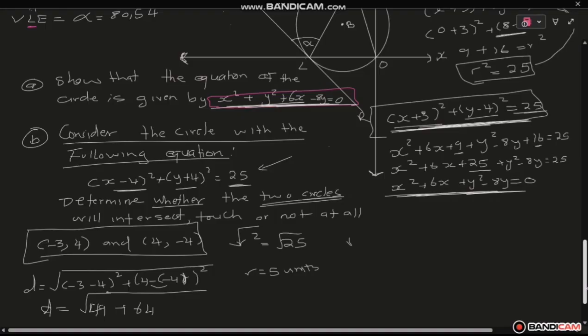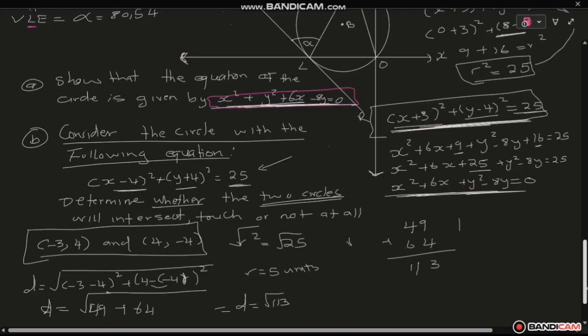Therefore 8 squared is 64. 9 plus 4, that's 13, carry 1. 6 plus 4, it's 10, plus that 1, it is 11. So the distance here is square root 113.